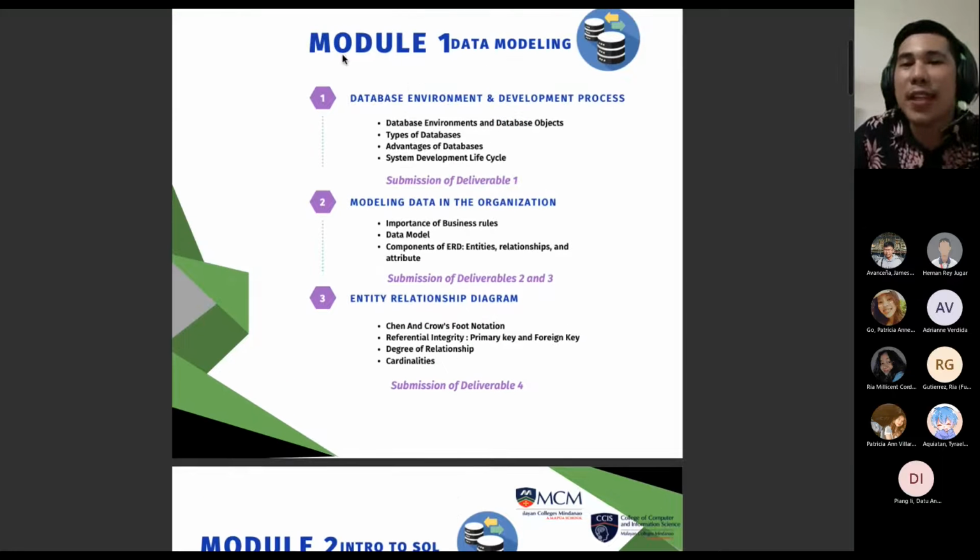Although we're still in module one, the approach should be like this. Since it is flexible, the approach is like this, though we are still in the design phase. This is the design phase of the systems development life cycle; module one is still on phases 1 to 3, which we will probably discuss later.